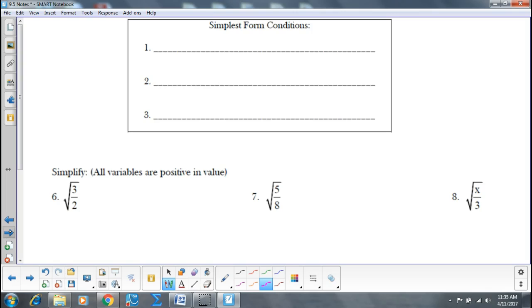So, you are going to be simplifying radicals, and they're going to look a little different, okay? So, let's get some conditions that you need to follow. First condition is no radicals in the denominator.